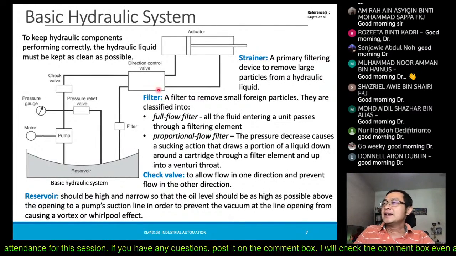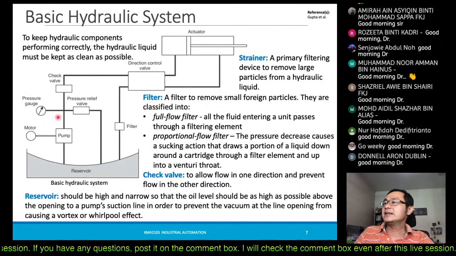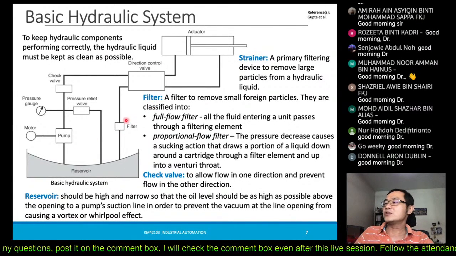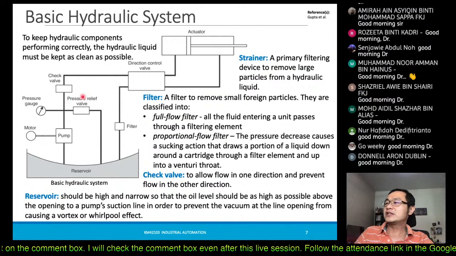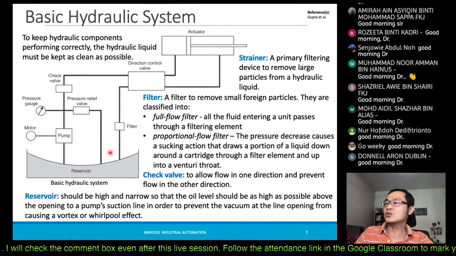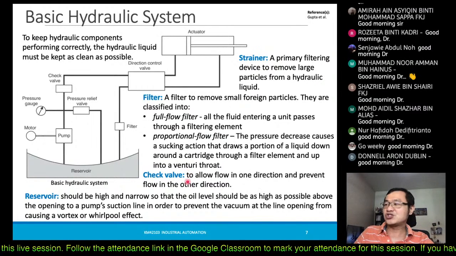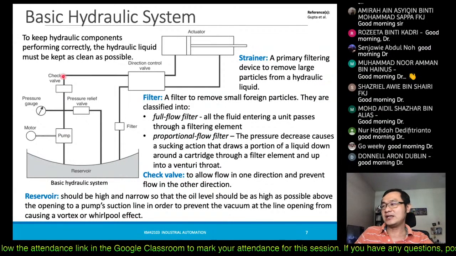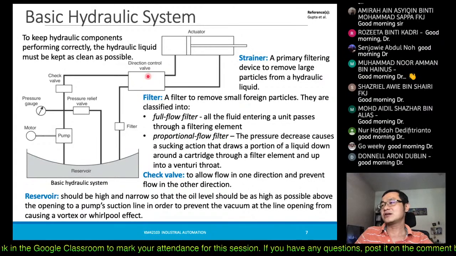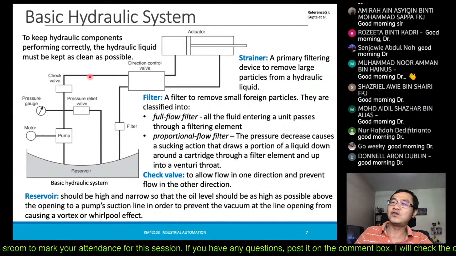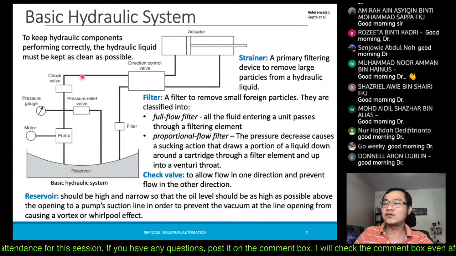Okay, generally in these hydraulic systems, we have filters, a check valve, and so on. This check valve ensures that the flow is only in one single direction. We don't want the fluid to flow back.